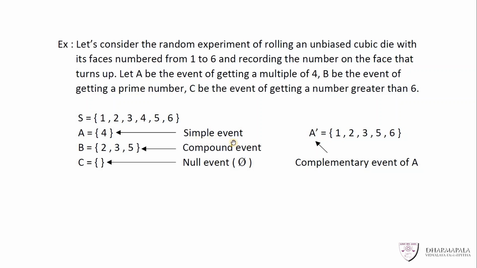If we take A, we can write the complementary event of A as A dash. In A we have only 4 as the outcome, so all the other outcomes of the sample space will be in the complementary event of A, that is 1, 2, 3, 5 and 6.